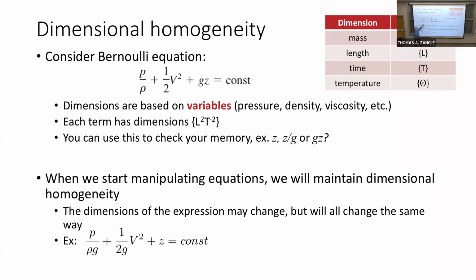So for example, I can take this expression and divide through by G. I get a different expression of Bernoulli, basically a different expression of energy balance for a fluid with no heat, no work, no friction. And if we do the check here, dimensional homogeneity is maintained. In this case, the dimensions of each term should work out to just length, because we have length sitting there.